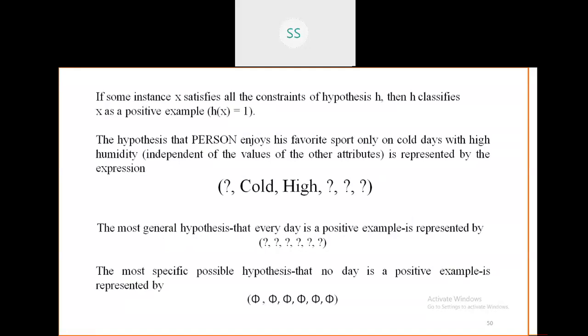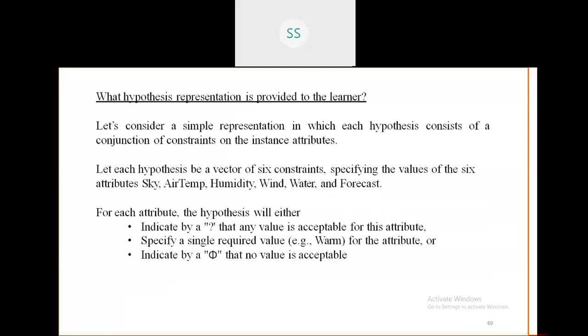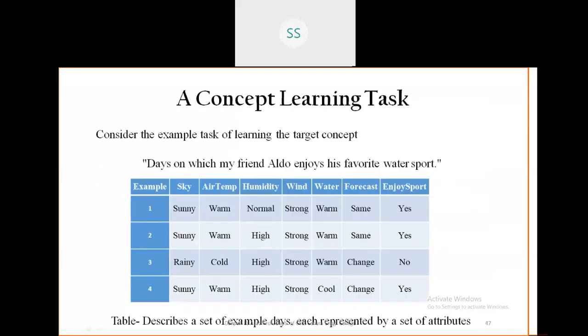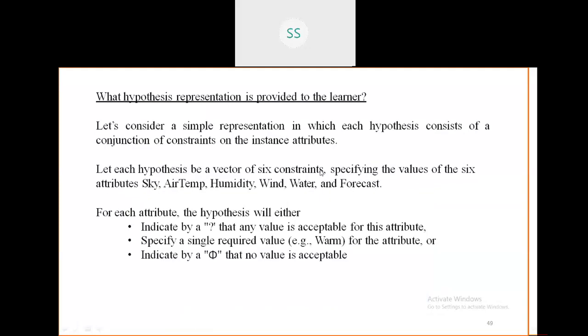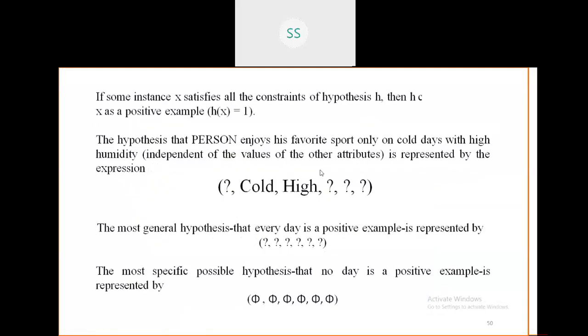Now, for instance, if X satisfies all the constraints of hypothesis H, then H classifies X as a positive example. If the input satisfies all the constraints, what is that X? X is nothing but these values. This is the first X, this is the second X, this is the third X, and this is the fourth X. If any of these meets the conditions of the hypothesis, then it will be marked with 1.